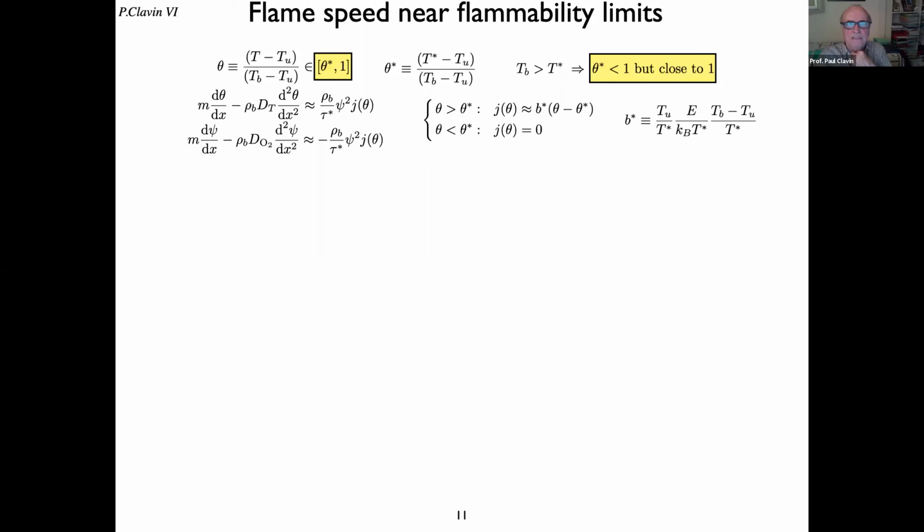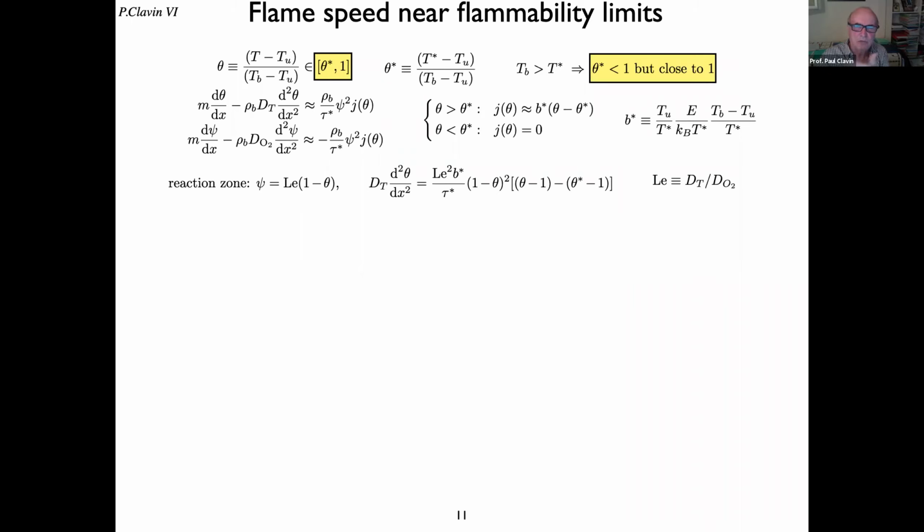Here again is the equation written in terms of the reduced variables, the reduced temperature theta, and psi for the mass fraction of the reactant. So you can look for the reaction zone as we did with the Zeldovich-Frank-Kamenetskii analysis. The method is the same.